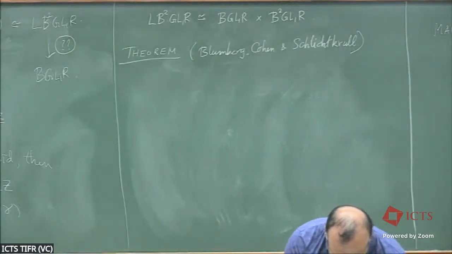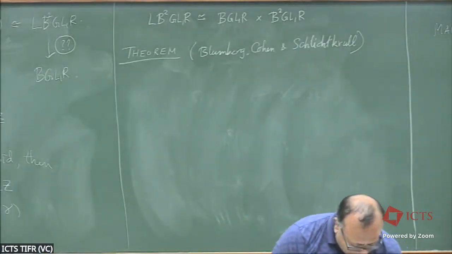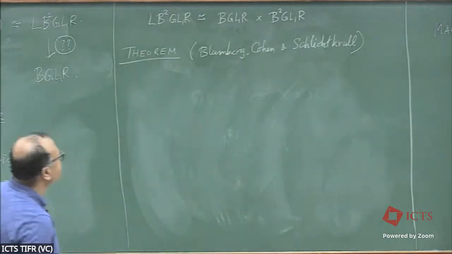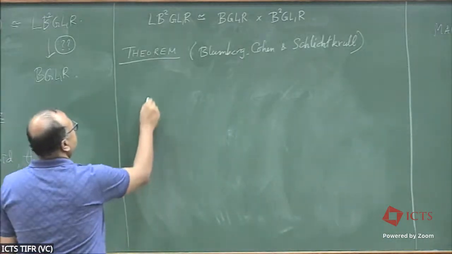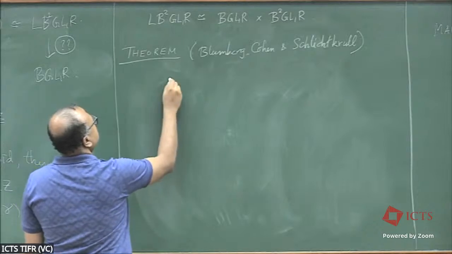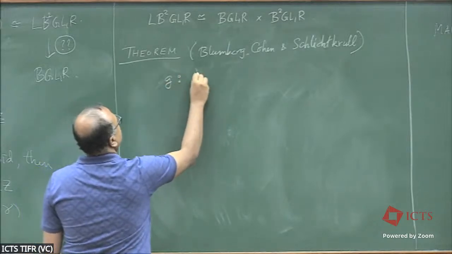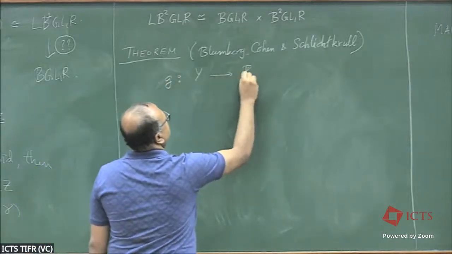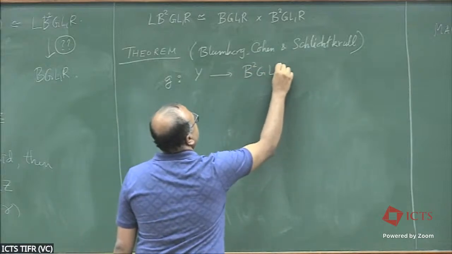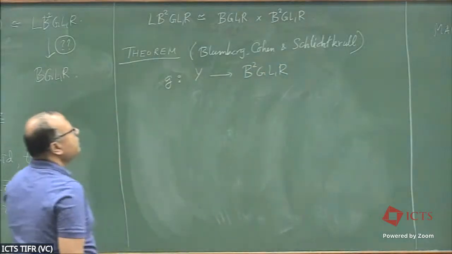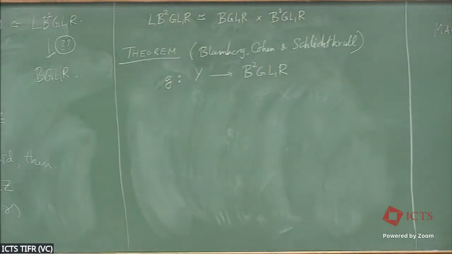They now identify what this map is. So if you have g from Y to B square GL1R, you are trying to calculate the THH of the Thom spectrum of omega g.